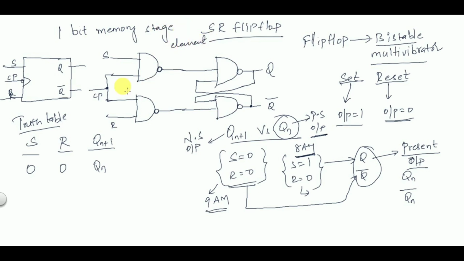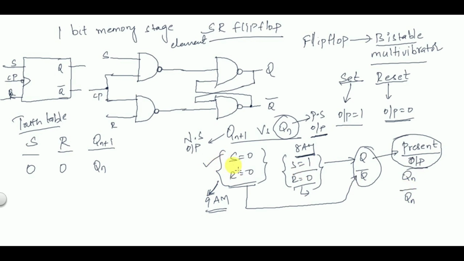Due to the previously applied input, that is S is equal to 1 and R is equal to 0, the outputs which are obtained will be stored by the flip-flop. Those outputs are called present outputs with respect to the present inputs which you are applying. We represent them with Qn and Qn bar.